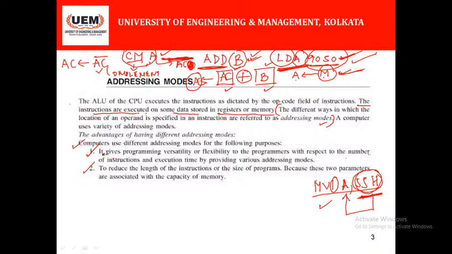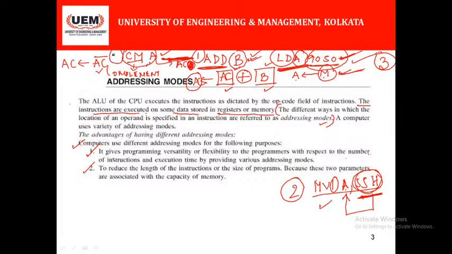Next, in point number 2, we are observing it will reduce the length of the instructions or the size of the program. Very simple. MVI A, 55 is basically a 2 byte instruction. LDA 9050 is a 3 byte instruction. ADD B is a 1 byte instruction.